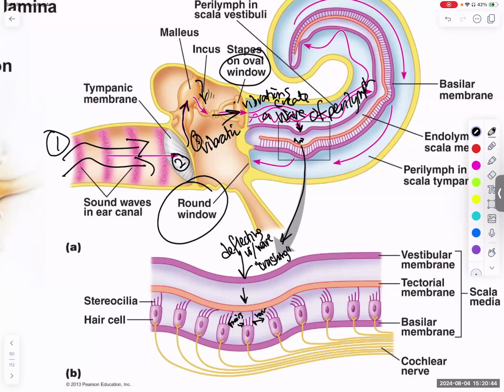So this is for pitches of sound waves we do not have receptors for. We can't hear a dog whistle. The pitch is too high. We don't have receptors for it.